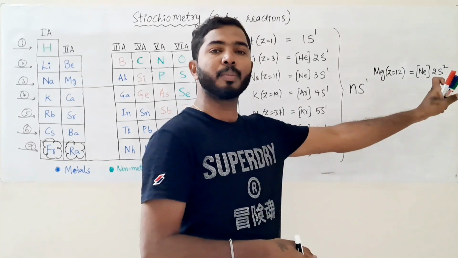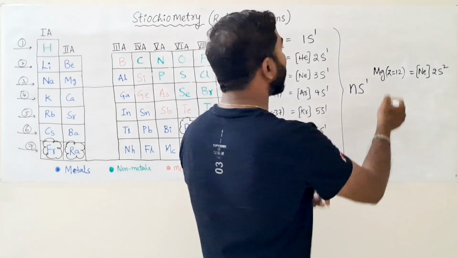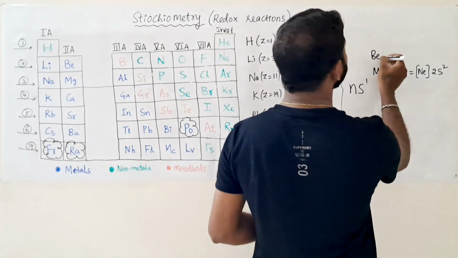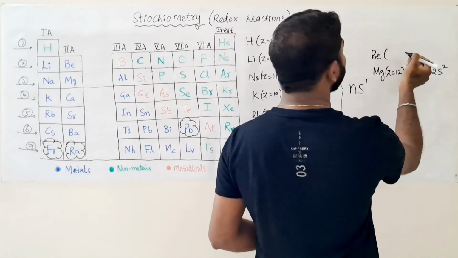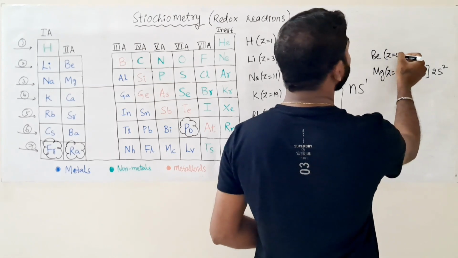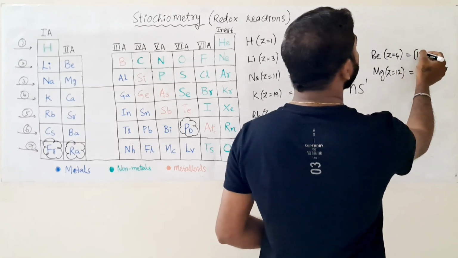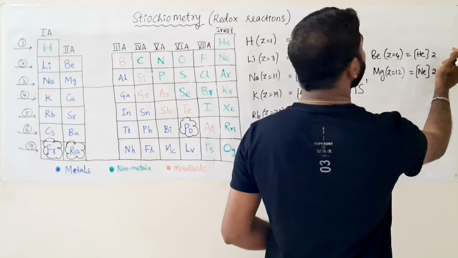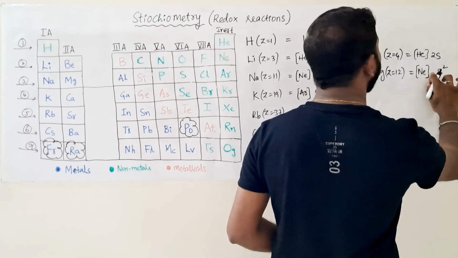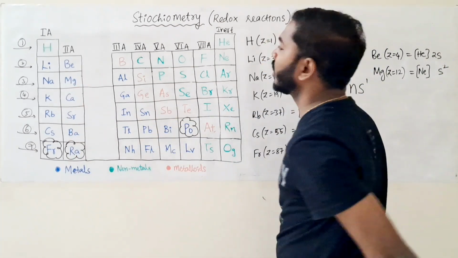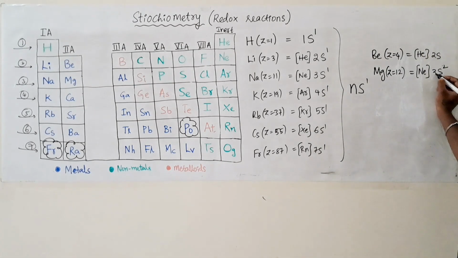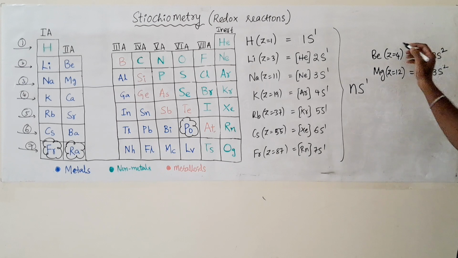We need to go with the preceding noble gas. And then beryllium is on top of magnesium. So the configuration is going to be helium and then 3s2 actually. Magnesium is present in third period, so this is going to be 3s2. And then beryllium, second period, s block, and then 2s2.